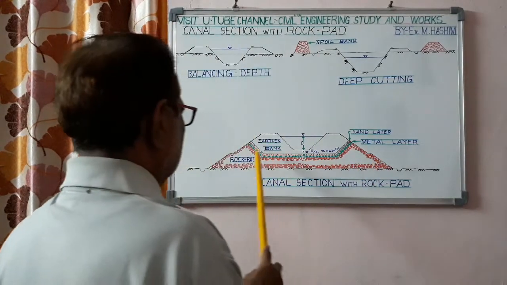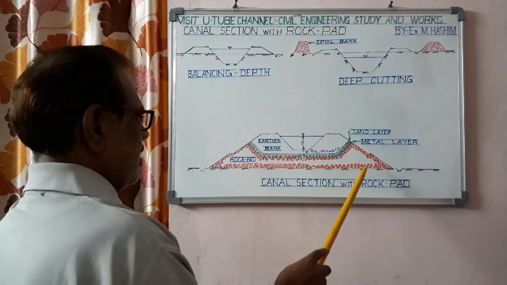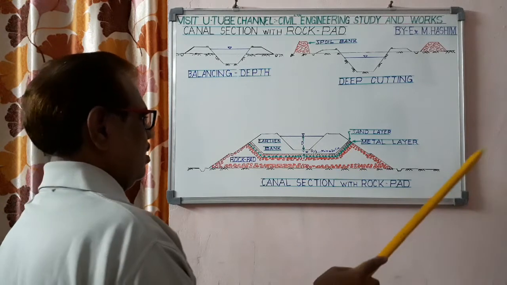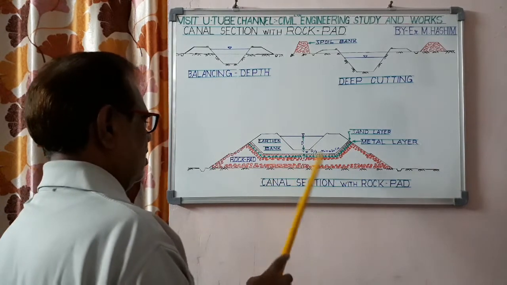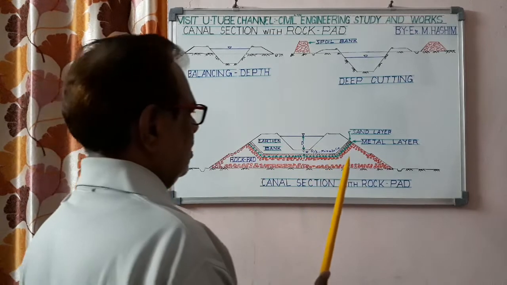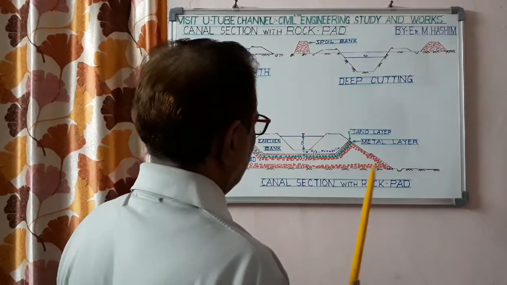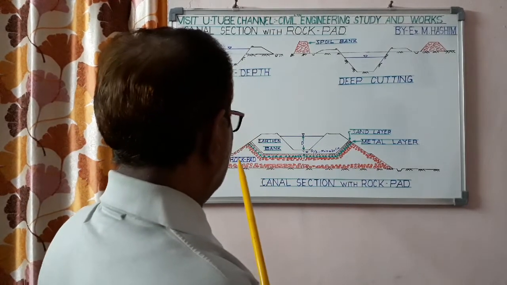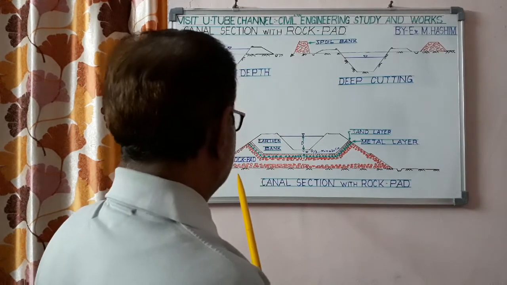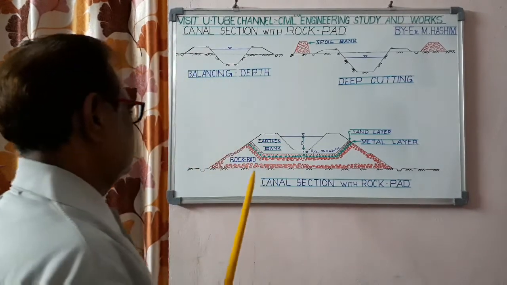Further, soil carting from the borrow area is also avoided, and land acquisition of the borrow area is also avoided. This will reduce the construction cost of the canal.